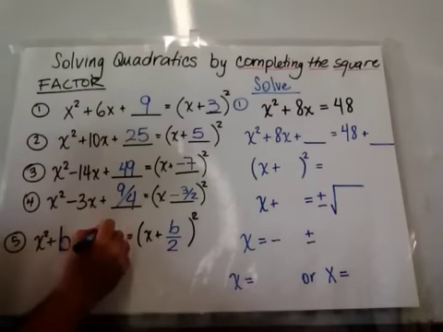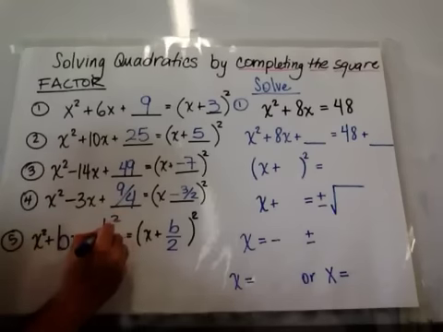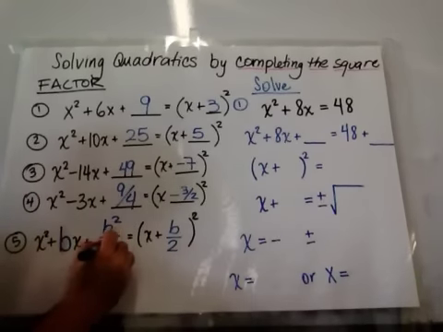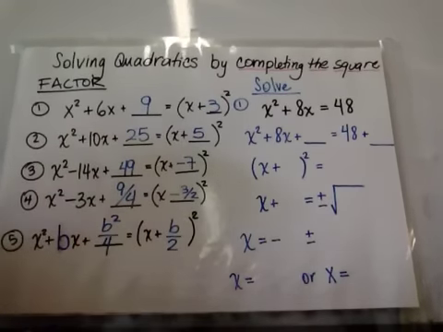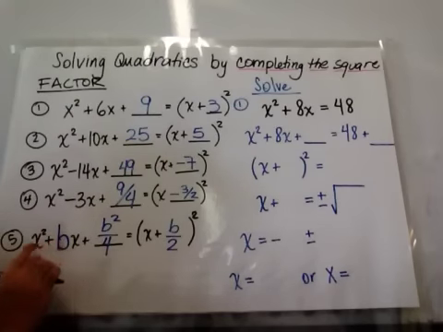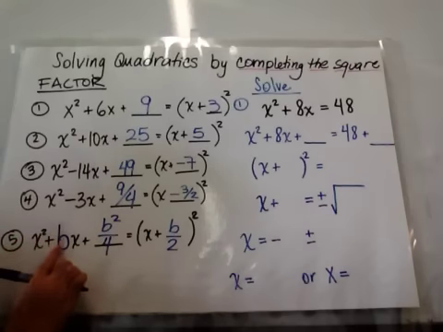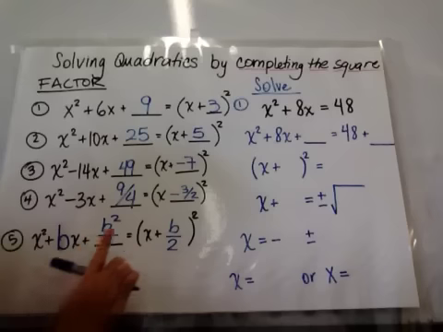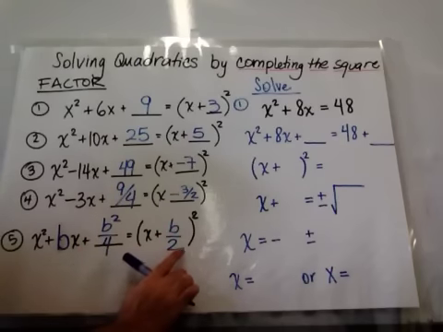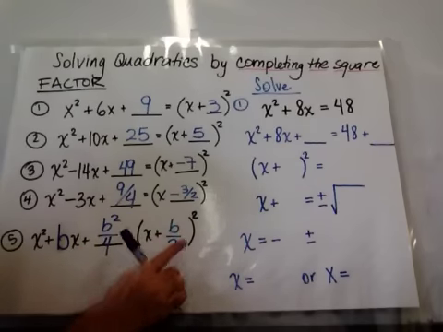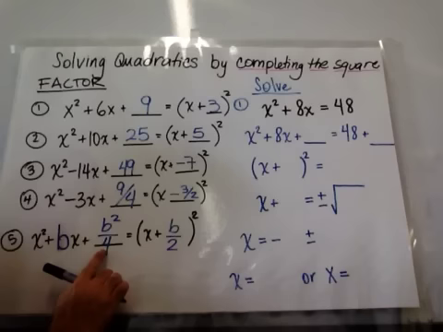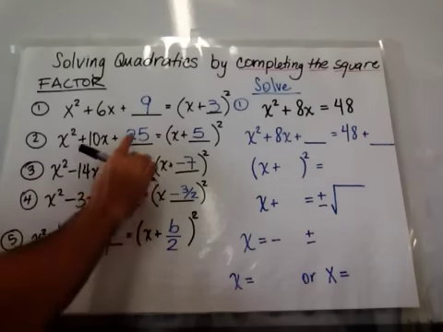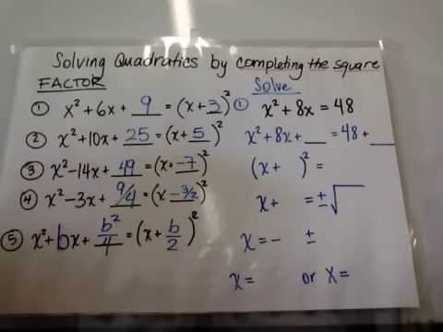That would be b squared divided by 2 squared, which of course is 4. This is completing the square. Always you have 1x squared, something x, and you take half of that number. That's what the factored form looks like. And then you square this number over here and add it here. This number will always be positive because it is a square.